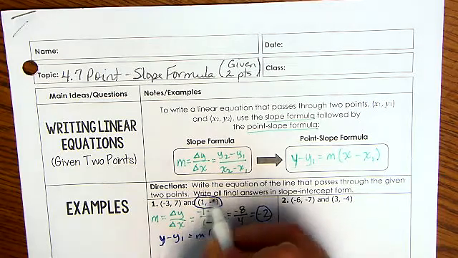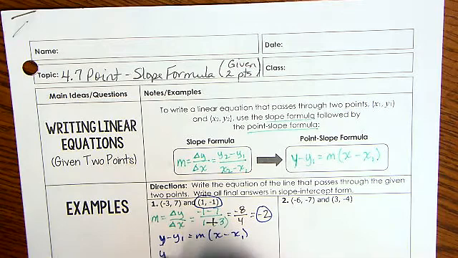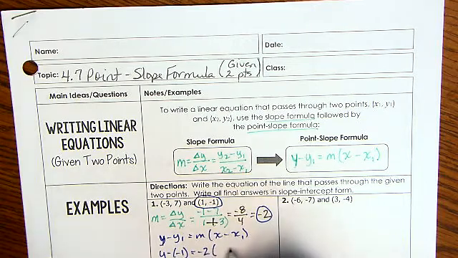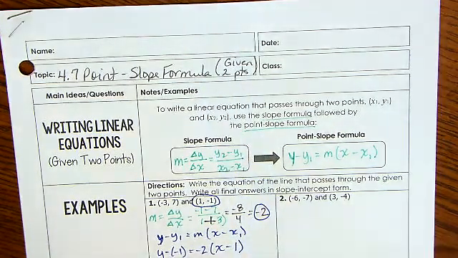Remember, this is x sub 1, this is y sub 1. So we have y minus -1 equals -2, open parentheses, x minus 1, close parentheses.